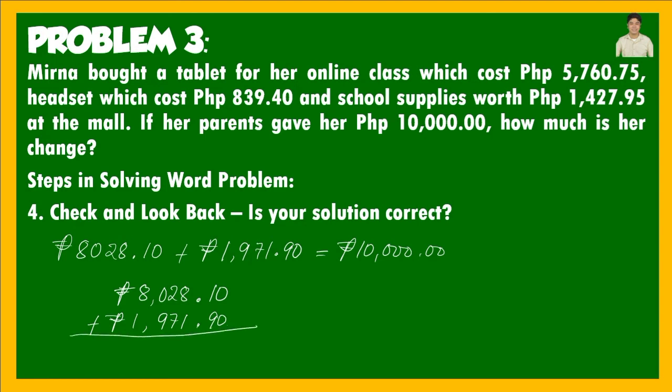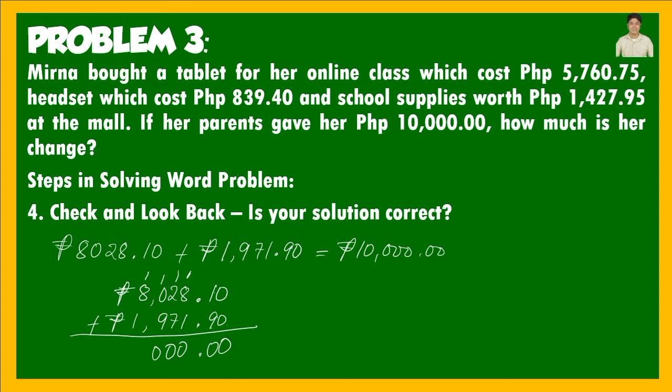0 plus 0, 0. 1 plus 9, that is 10. Carry 1. So, 1 plus 8, that is 9 plus 1, 10. Carry 1. So, 1 plus 2, 3 plus 7, we have 10. And then carry 1, we have 1 plus 0, 1 plus 9, we have 10. So, 0, then carry 1 ulit.